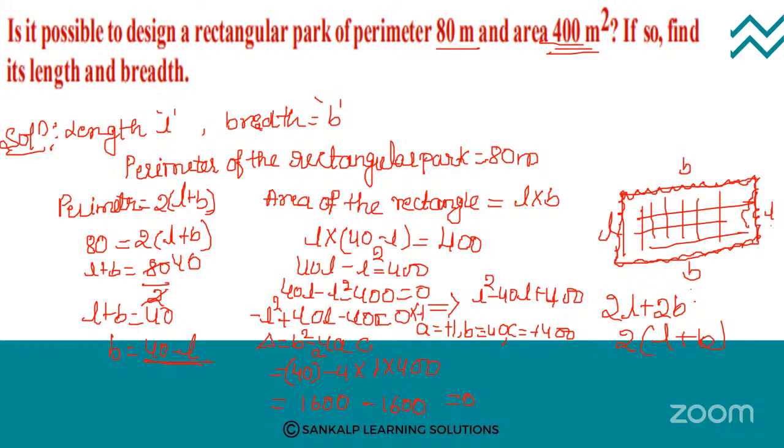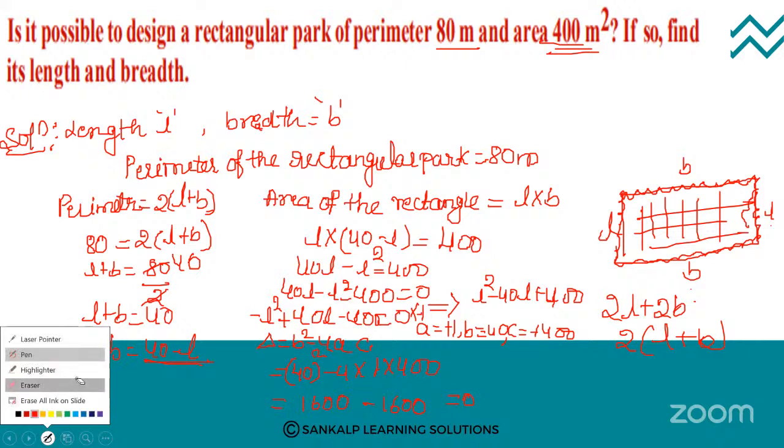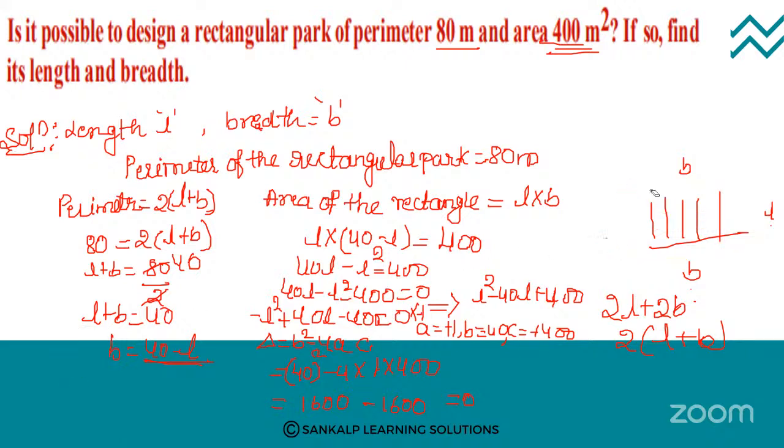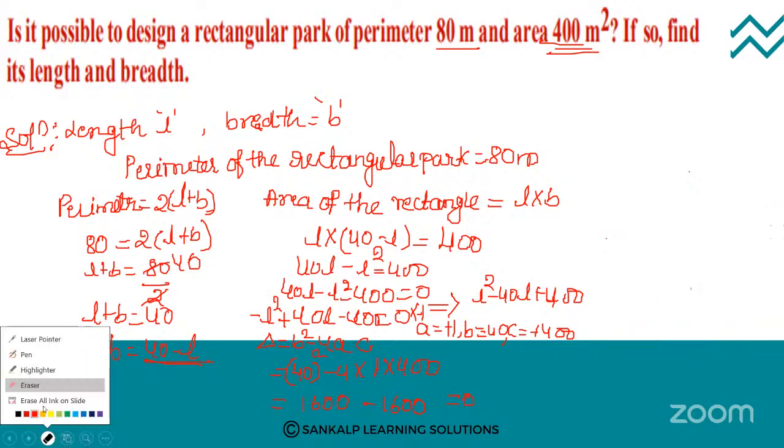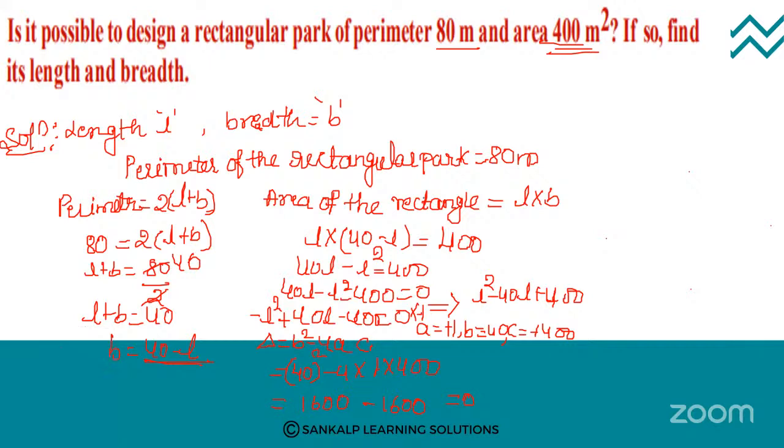So roots are minus b divided by 2a and minus b divided by 2a, right? When delta is equal to 0, that time the roots are minus b divided by 2a and minus b divided by 2a. These two equal roots we will have.